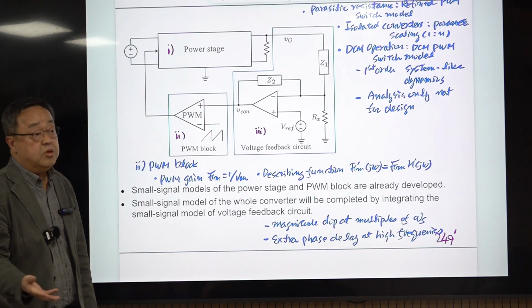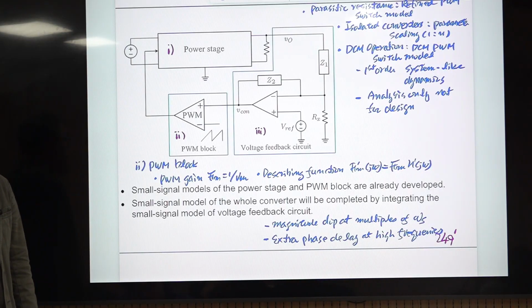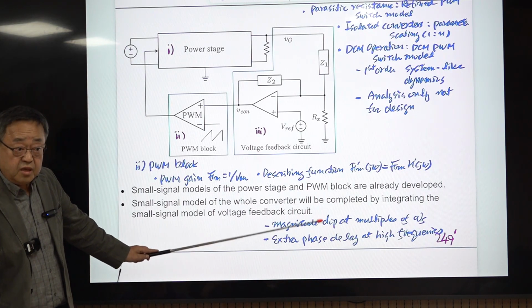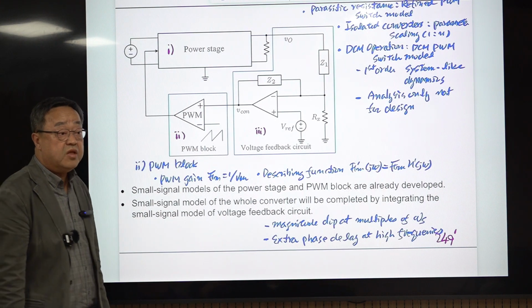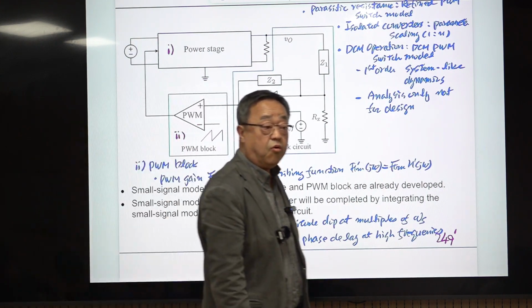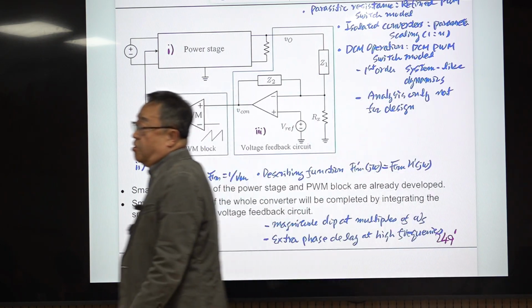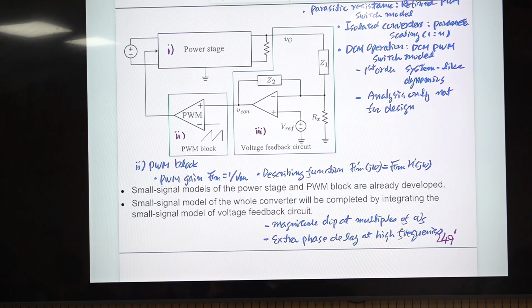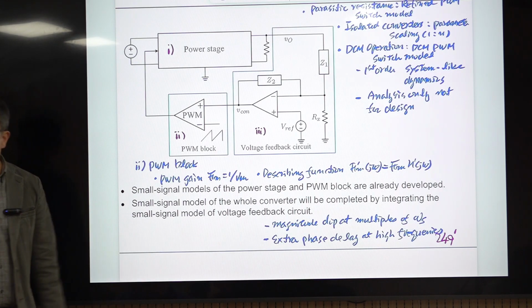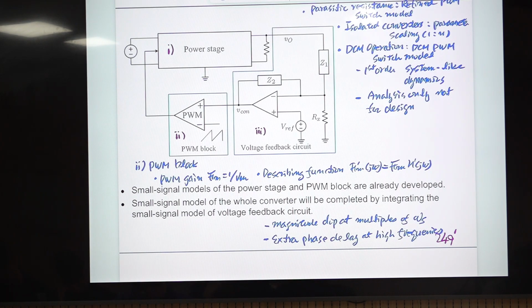If you use the small signal model, you don't see this. This second order effect, or nonlinear effect, or time varying effect, or frequency dependent effect, will be gone. But it is still safe, as long as caution is taken in selecting the loop gain crossover frequency and the proper prediction of this additional phase delay is considered. You are still okay, right?